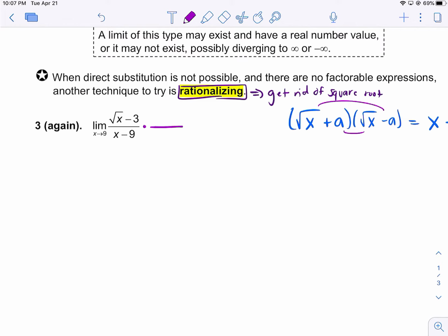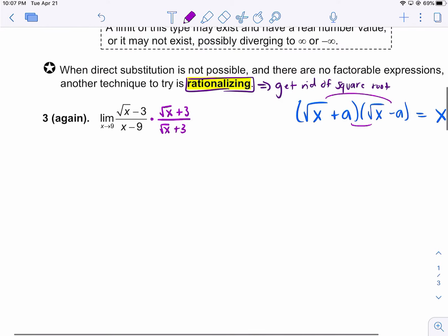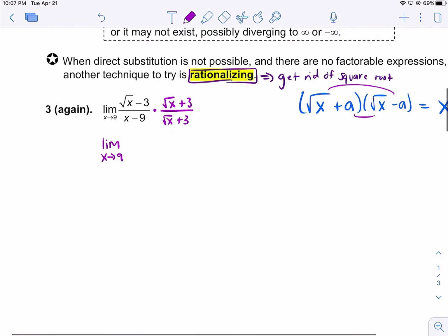So the square root of x minus 3, its conjugate is the square root of x plus 3. And then we have to do the same on the bottom. All right, so we multiply this. As we do this, we're going to keep simplifying. We're going to carry down our limit notation, limit as x goes to 9.